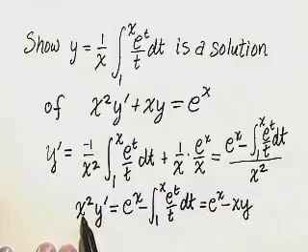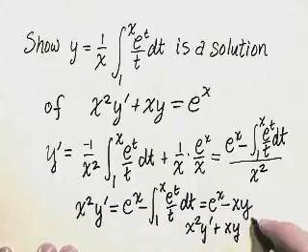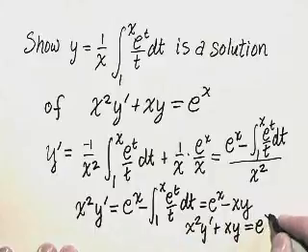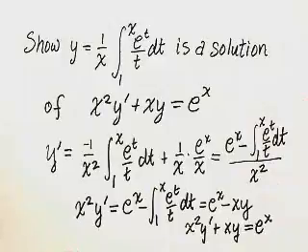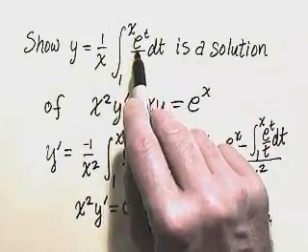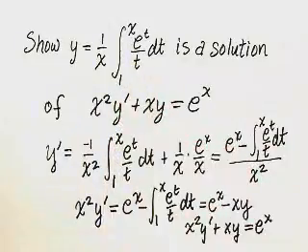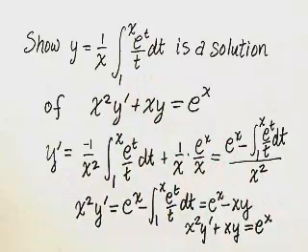If I simply move this term to the other side, I get x squared y prime plus xy equals e to the x, and you see that's our original equation. So we've demonstrated that this function y equals 1 over x times the definite integral from 1 to x of e to the t over t dt is a solution of this differential equation.